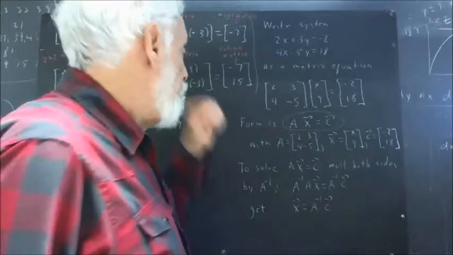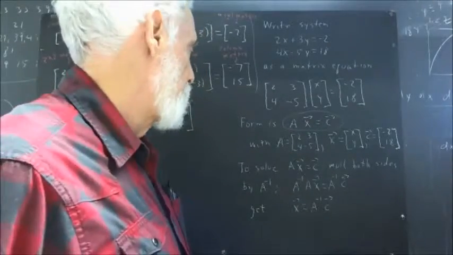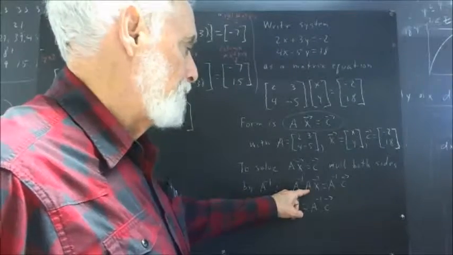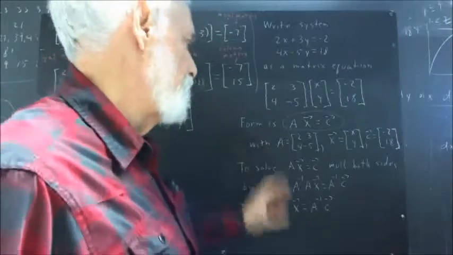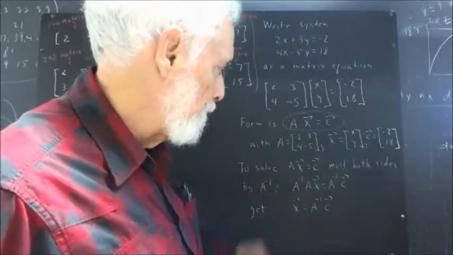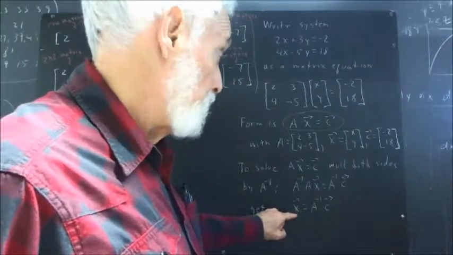It's an inverse. So we multiply both sides by A inverse, and then A inverse times A kind of goes away, gives us an identity, and we need to be more specific about that, but not right now. Just understand that A inverse times A is an identity, so that leaves us X.